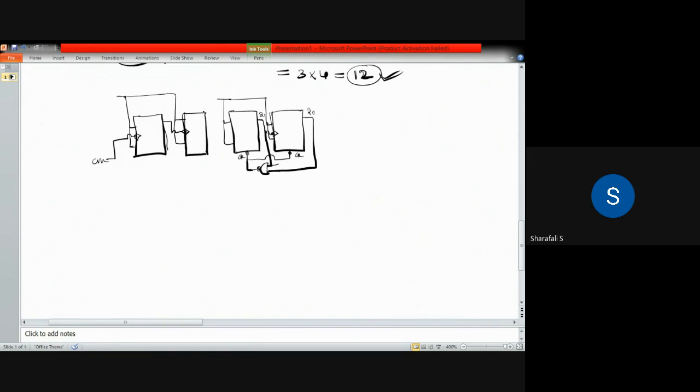And so this one is your mode 4 counter, and this one is your mode 3 counter.